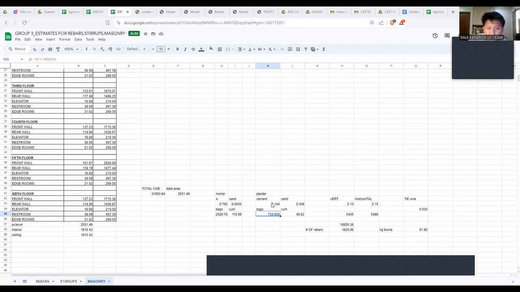The plaster is the same, a constant I got from the book, 0.14, using the area method. I multiply it by the area to get the number of bags, and I also get the cubic meters of sand.